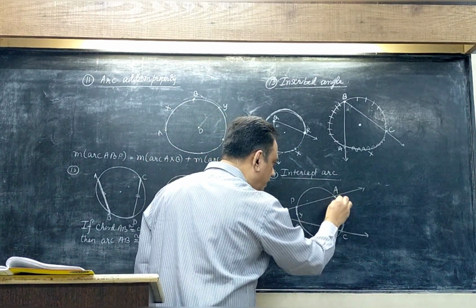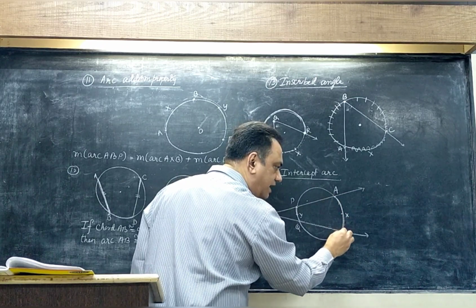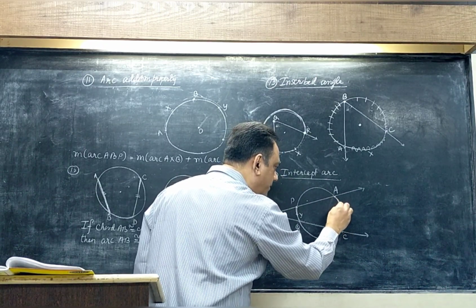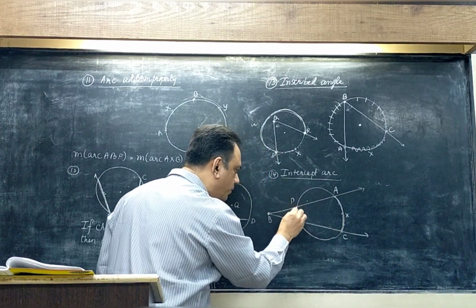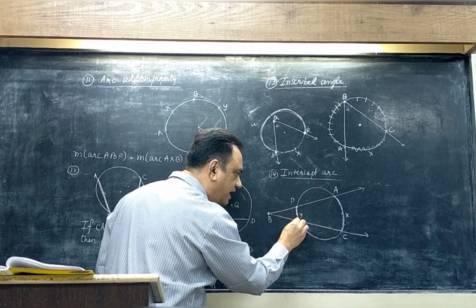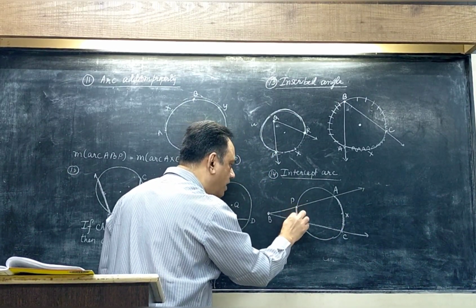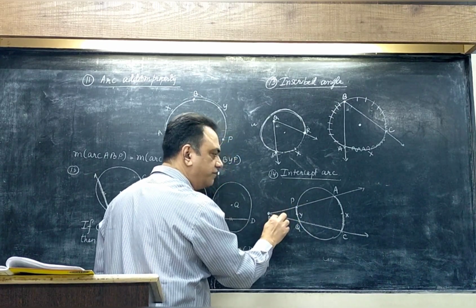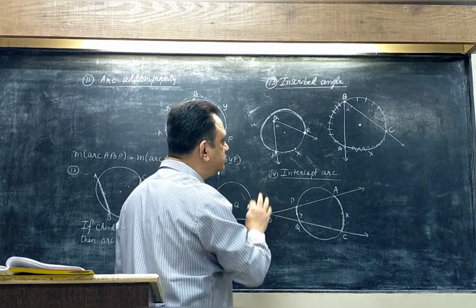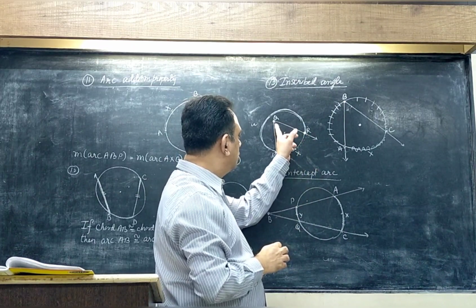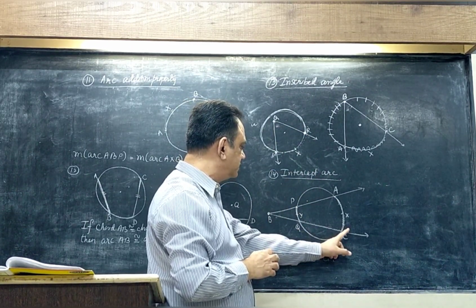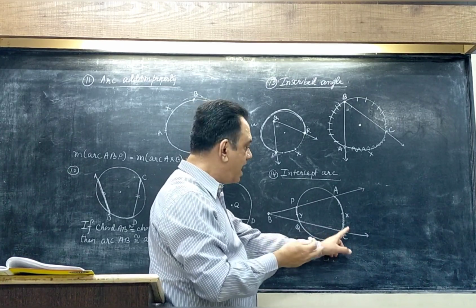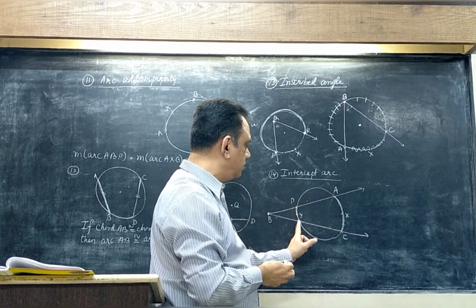Because the endpoints lie on the sides of the angle, and all other points are in the interior of the angle. So from this it's very clear, though the angle is not inscribed in the arc of the circle, there can be intercepted arcs of the same circle.